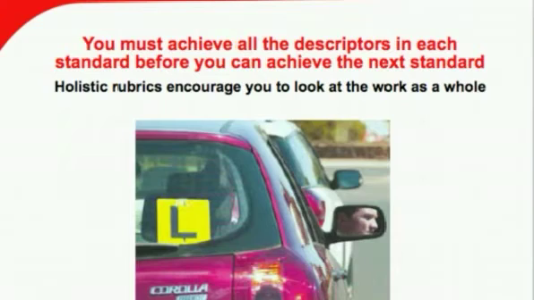So if you don't meet all of the descriptors in the pass standard, you won't be able to get that pass for the assessment. And that includes things like clear APA referencing and a cohesive, well-written text.